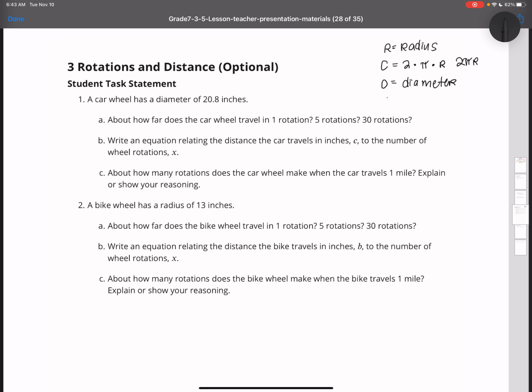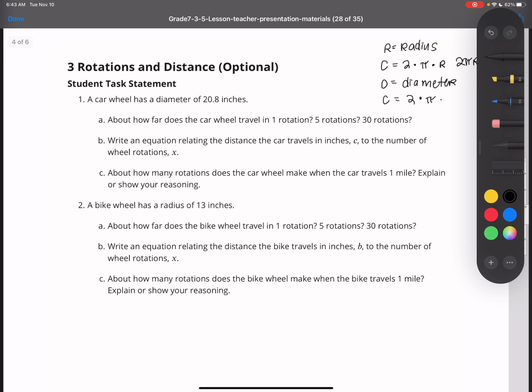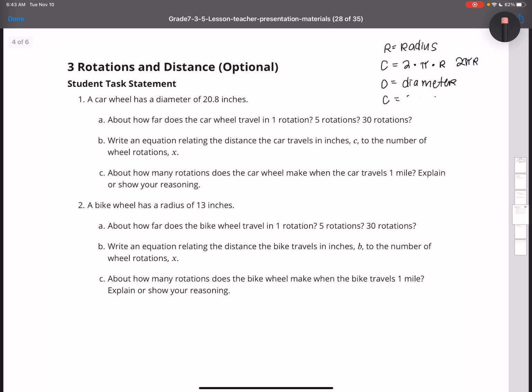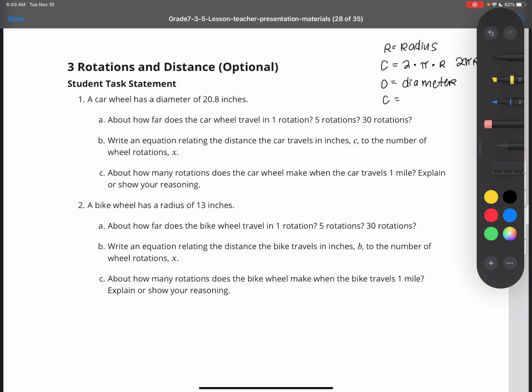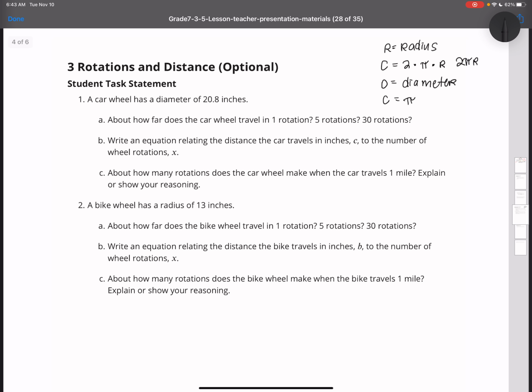The formula for circumference using diameter is, oops, not 2 times pi times. It's going to be pi times D. I'm sorry about that, guys. Pi times diameter.